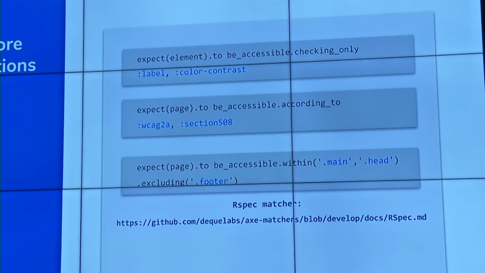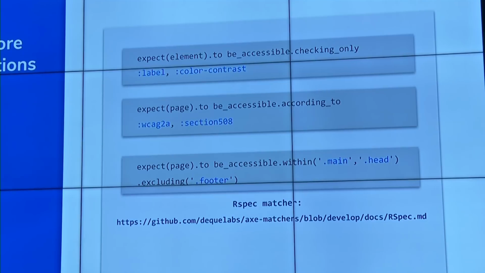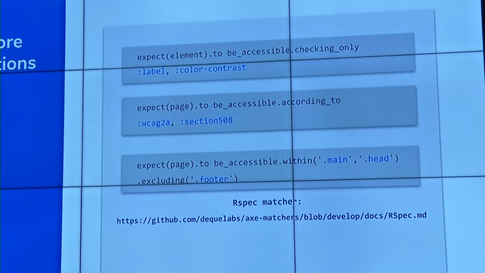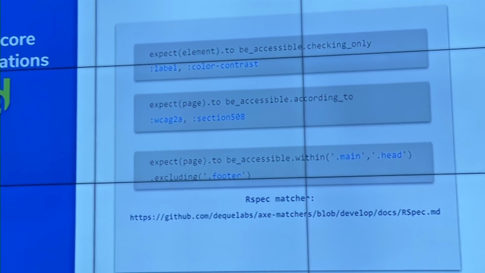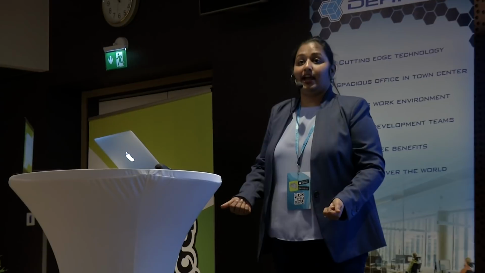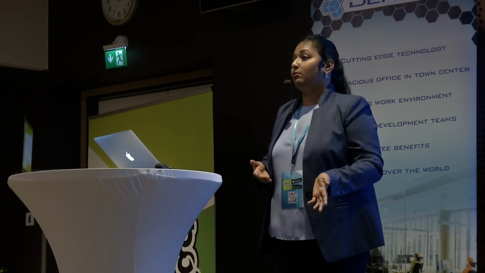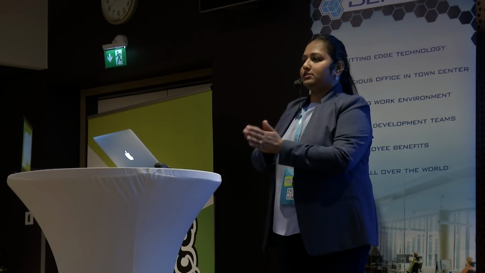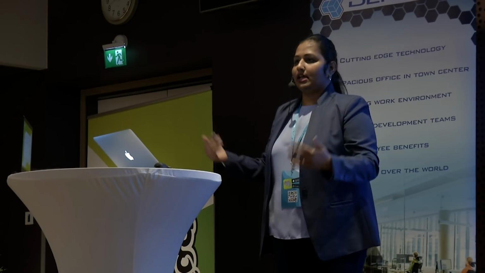I can just chain different matchers to check for what I really want. I have this built into my continuous integration pipeline, so if someone causes a regression, it would immediately catch that issue and tell the developer what's going on. And with this tool, again, it will tell you what the issue description is, what the violation is, and where it's happening.